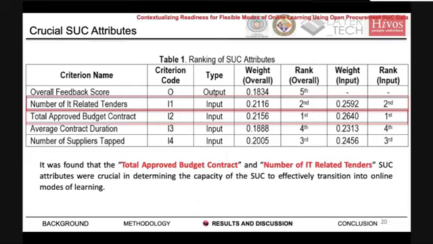Based on the overall weight, it was found out that the total approved budget, coded I2, and the number of IT-related tenders, coded I1, are the most important attributes or criteria in determining the capacity of SUCs to effectively transition into online modes of learning.